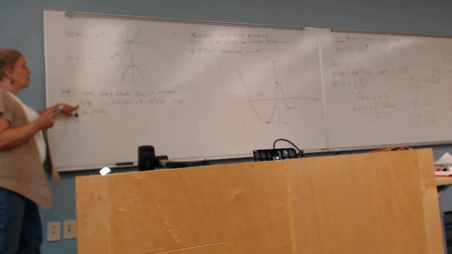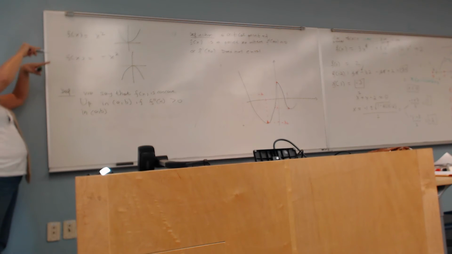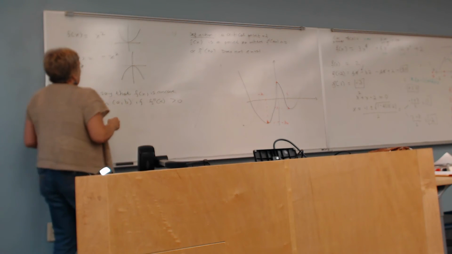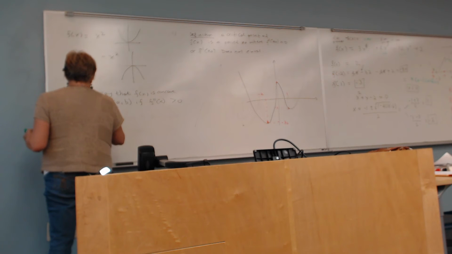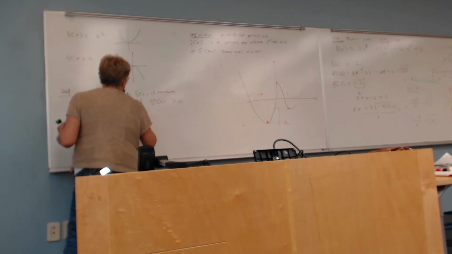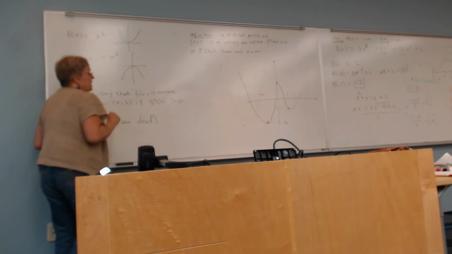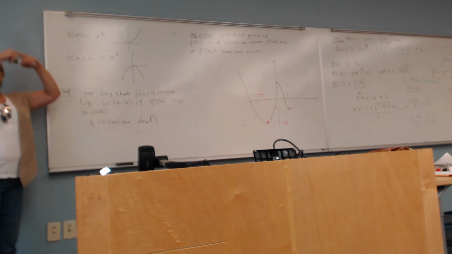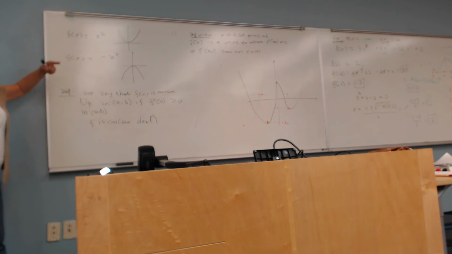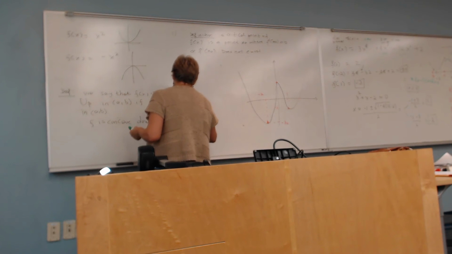I'm writing a very big U to indicate that the function looks like a parabola that goes up. And f is concave down, with a big N to indicate what the function should do, if the second derivative of f is negative.